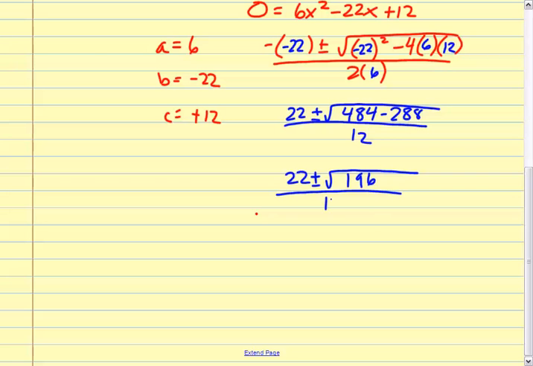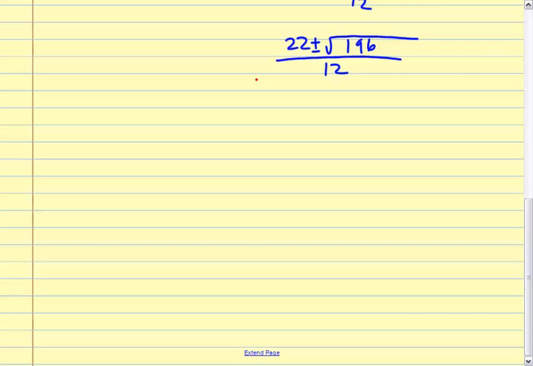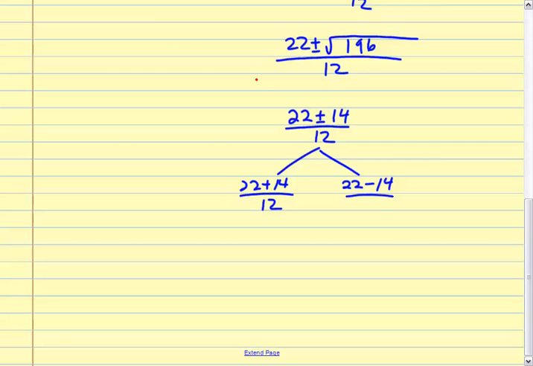Teachers, you're awesome, teachers. Give us something that works out for us. 22 plus or minus 14 over 12. Okay, the square root of 196, so it's 22 plus 14 over 12, and 22 minus 14 over 12. 22 plus 14 is going to be 36 over 12, which is 3.